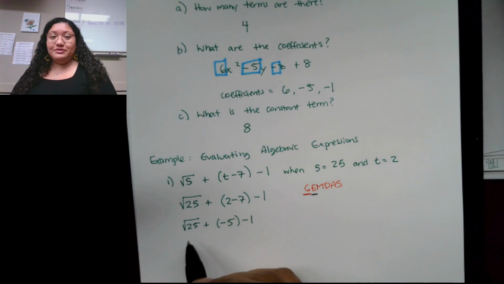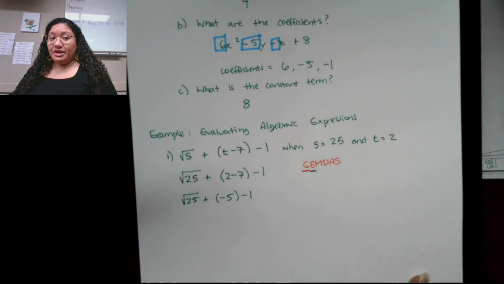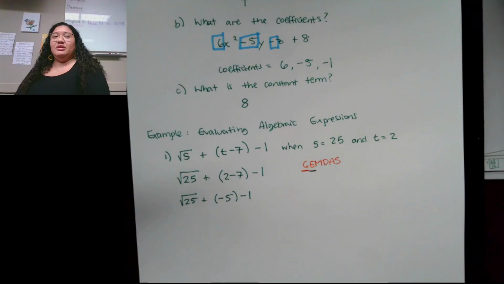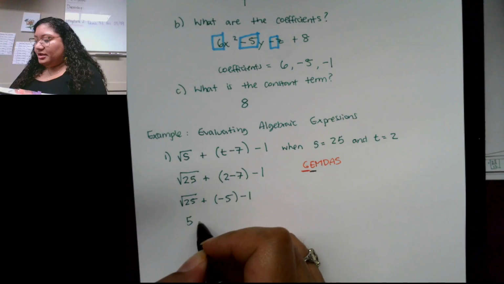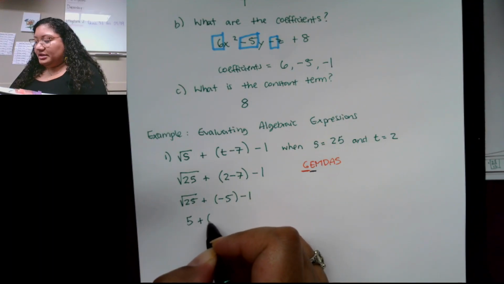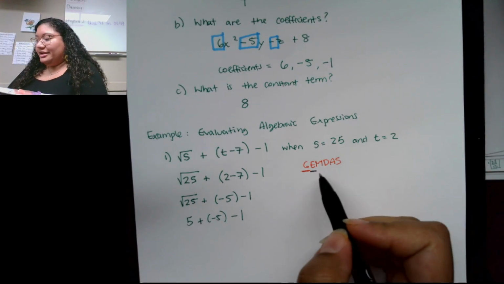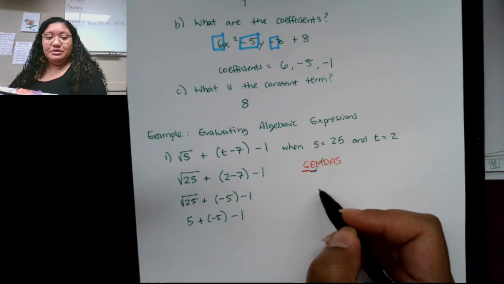So square root of 25. So what number squared, or what number multiplied to itself twice, gives me 25? That would be 5. Now I got plus negative 5 minus 1. Do I have any multiplication? No. Do I have any division?